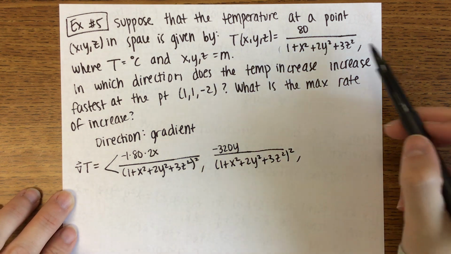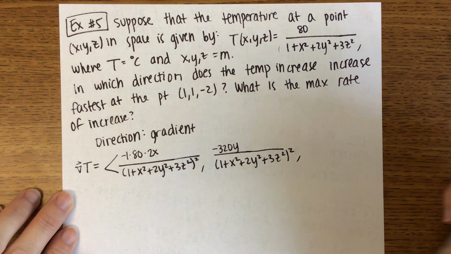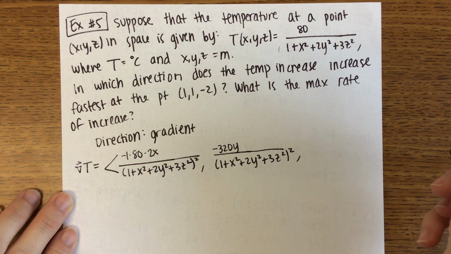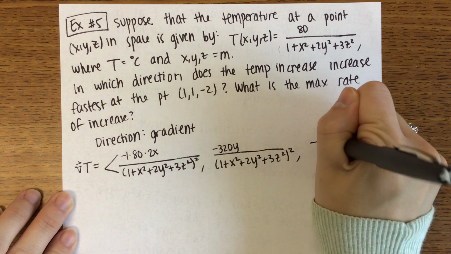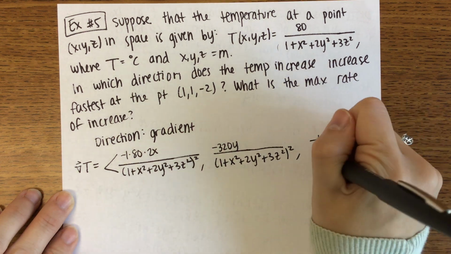Then you'll bring the negative, and this time a 6z rather. So you get -480z over that entire denominator.